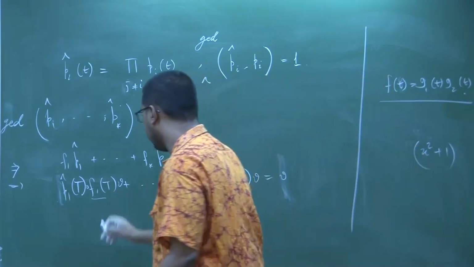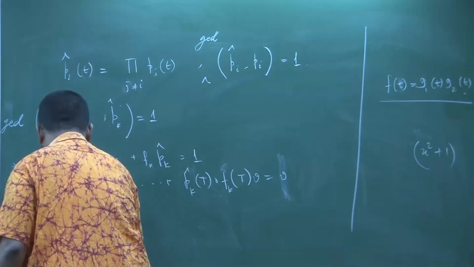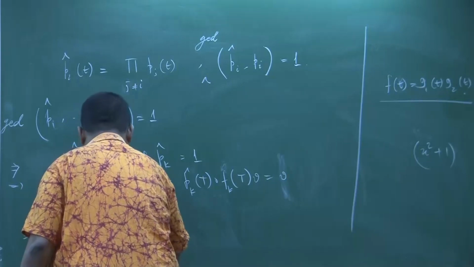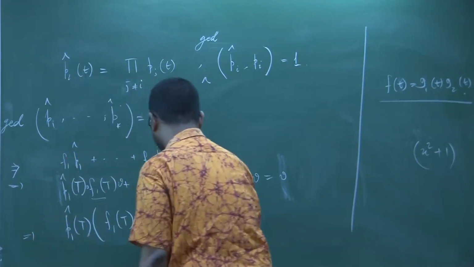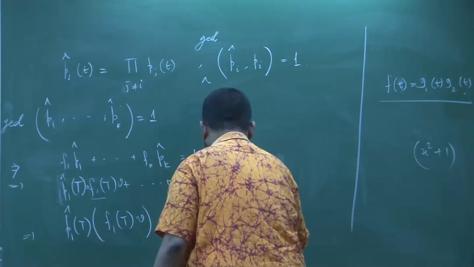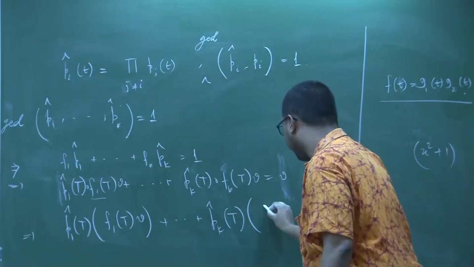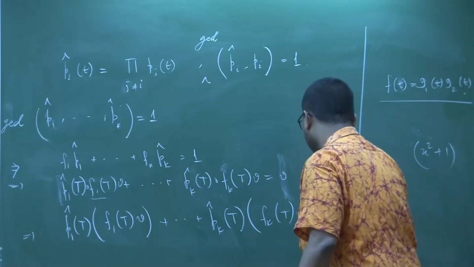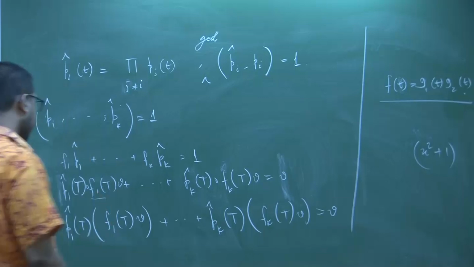So, P1 hat T of F1 T V plus plus plus Pk hat T of Fk T V equal to V, okay.